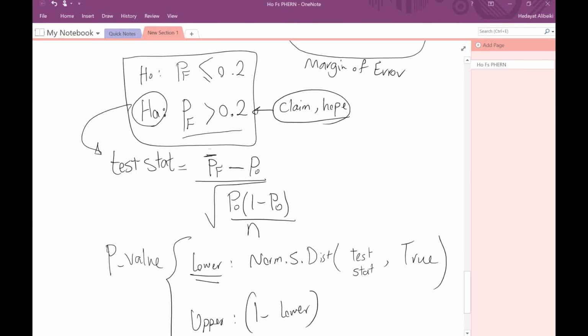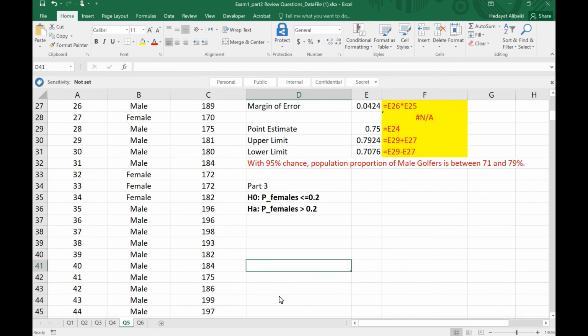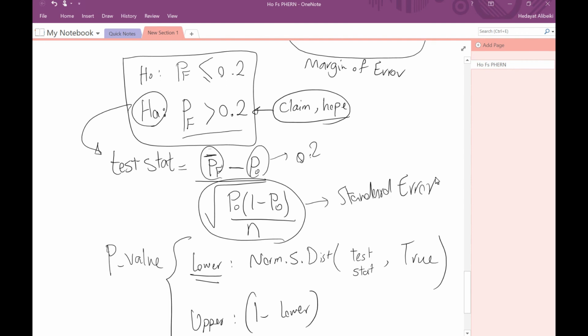The next step would be to calculate the test statistic. For the test statistic, we need to find, so this one is given to be 0.2. This one is the sample proportion of female, and this one is the formula of the standard error. So let's go ahead and just do this.